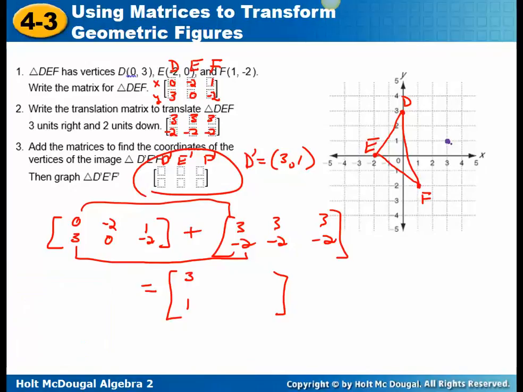D moved right 3 units and 2 units down, so this is D prime with an apostrophe after it. And the coordinates for D prime would be 3, 1. So you'll write the coordinates and then sketch a graph using your word tools, or you can use Sketchpad, or you can graph it by hand and attach an image.